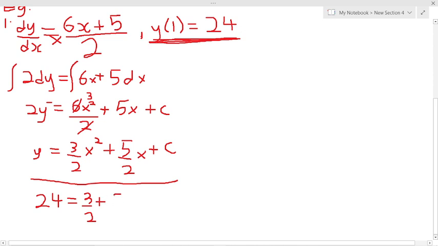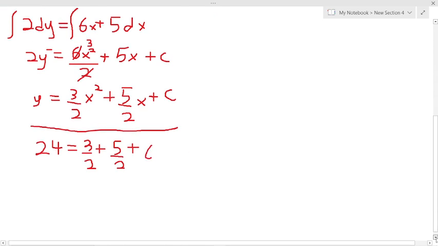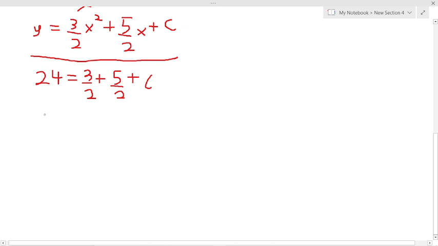It's also giving you 5 on 2, plus c. Now we have 24 equal to 3 over 2 plus 5 over 2. Since the denominators are the same, we can simply add the numerators. So 3 plus 5 is giving us 8. We are getting 8 on 2, which is 4, plus c.